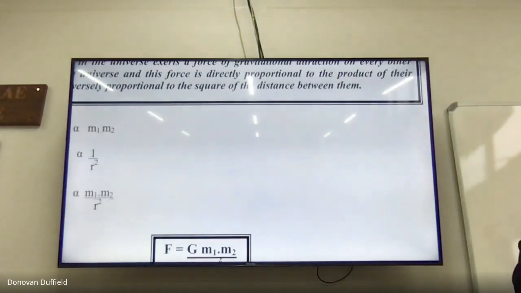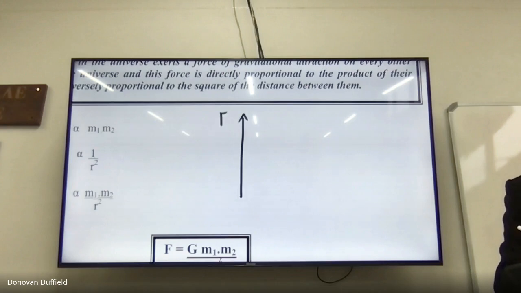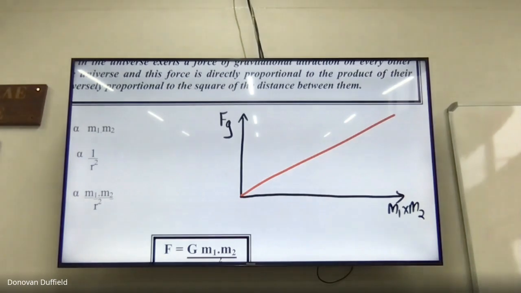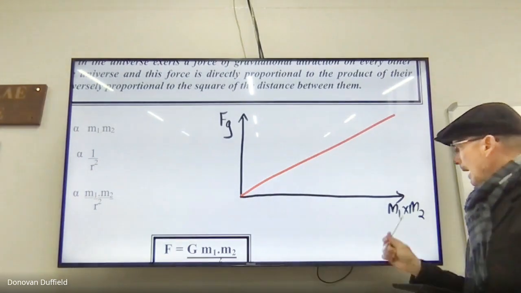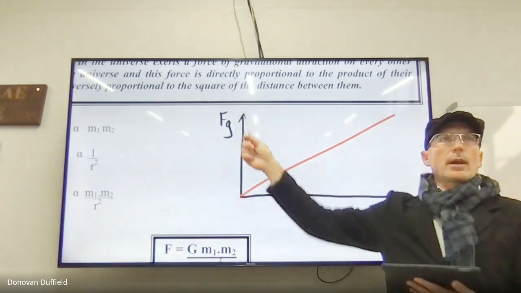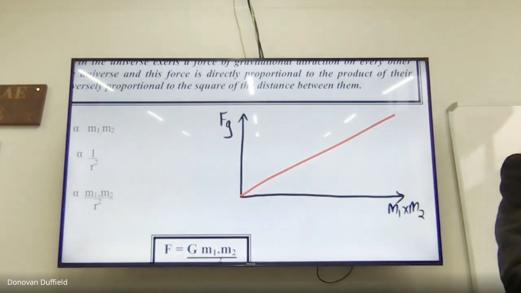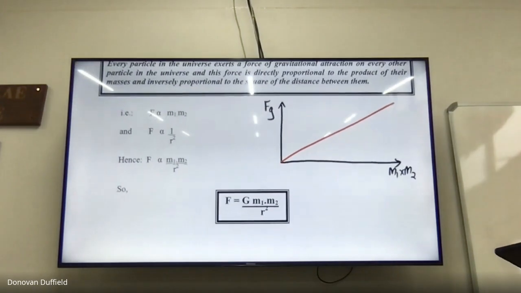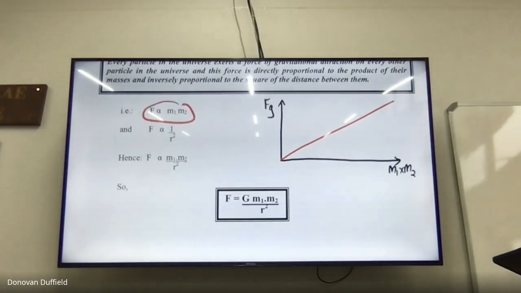So if I look at the force of gravity, let's call this Fg, and I take two particles, mass 1 and mass 2, and I multiply them, I get direct proportionality. What that means is, as these masses get bigger, what happens to the force of attraction? It gets bigger.